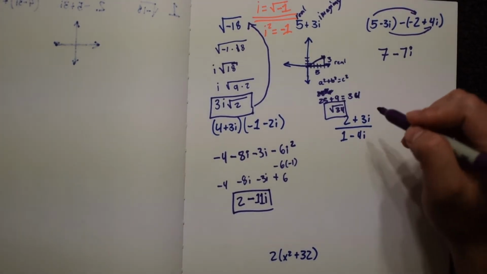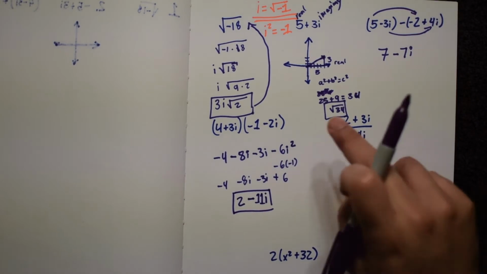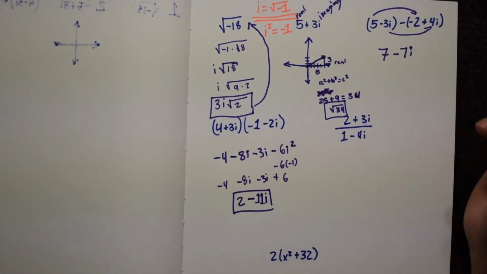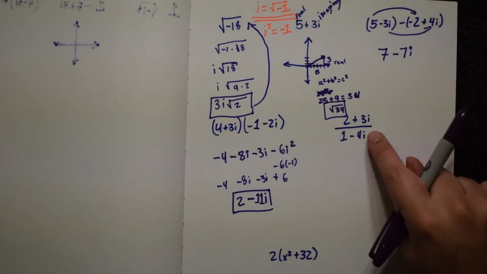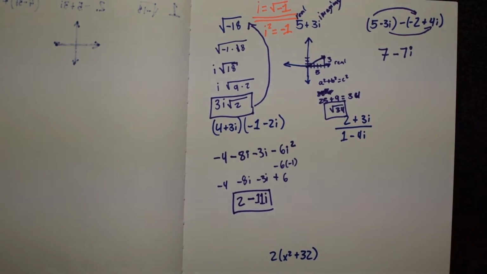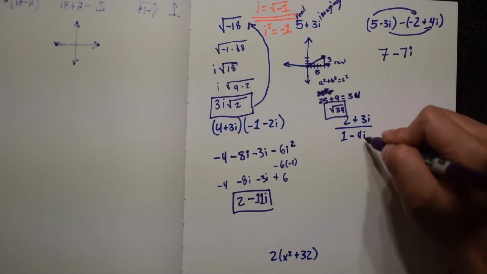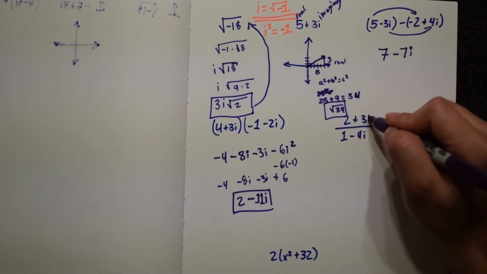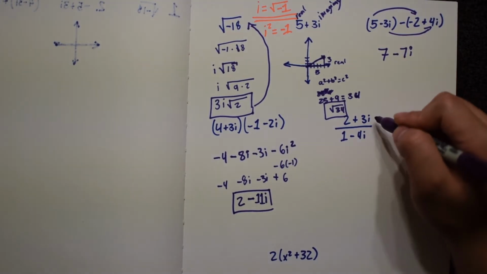Now when you're dividing imaginary and complex numbers, it's actually very similar to multiplication, and you're going to use a lot of multiplication. So make sure that you really got this down before attempting to divide imaginary numbers. Now, when you're dividing them, you're going to multiply both the denominator and the numerator by the conjugate of the denominator.